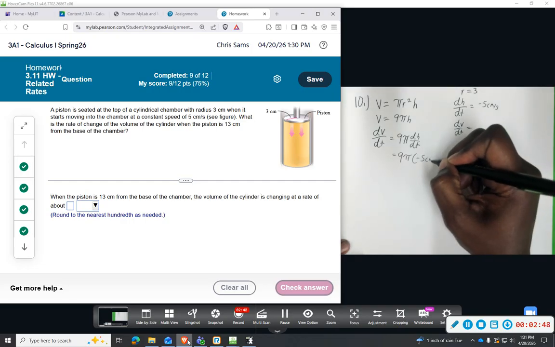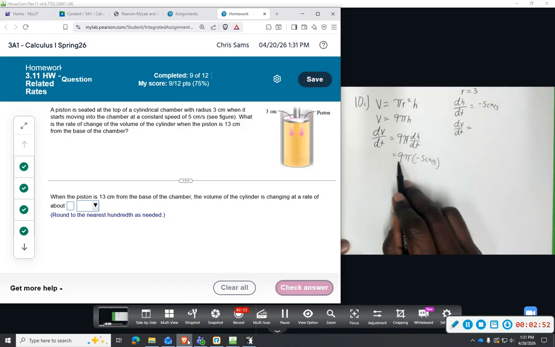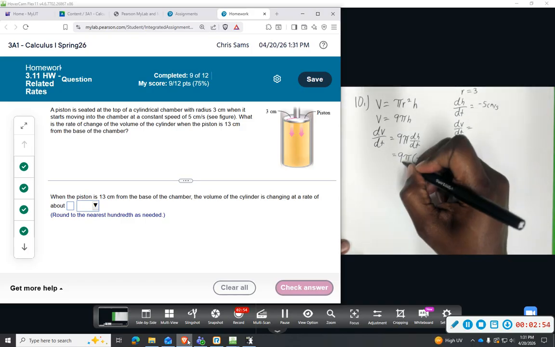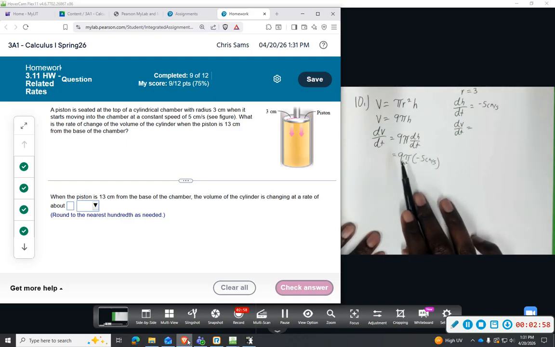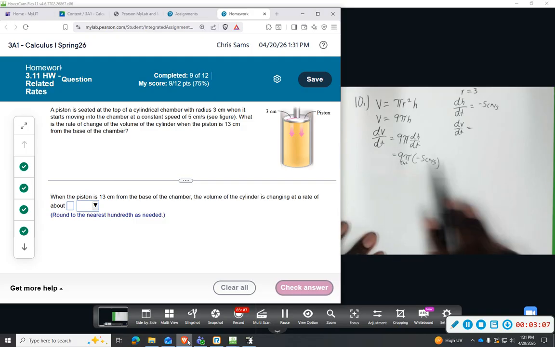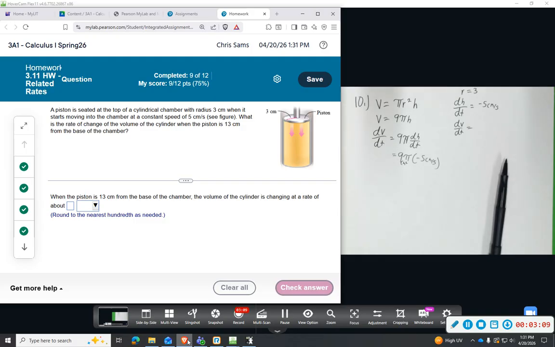Centimeters per second. Now the 3 squared, that's centimeters squared. Gotta keep those units. 9 times 5 will give me negative 45 pi. We want to round to the nearest hundredth. All right, so we just compute this with the calculator.